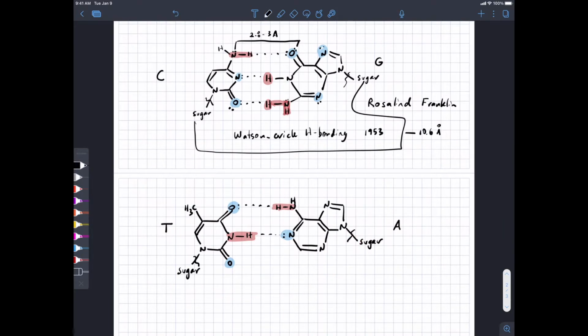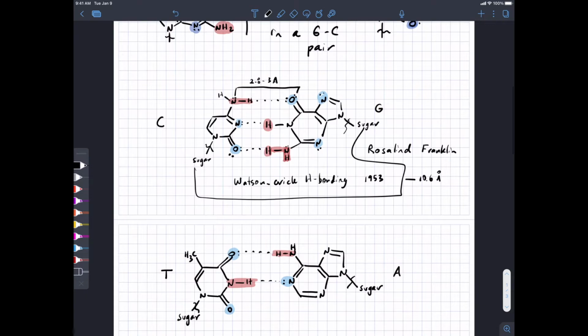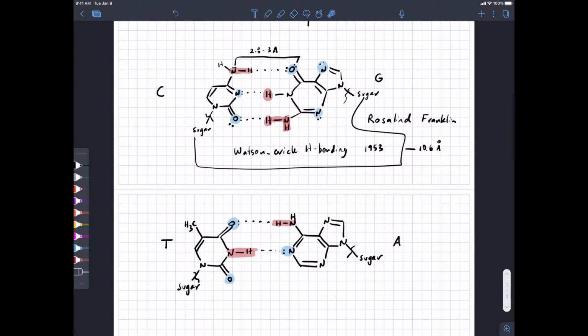Again, I forget which is major versus minor groove again, and you can look this up, and it's not that important, and I won't ask you a question about it, but you can see that one of the faces of this base pair for the AT pair has a ring nitrogen and then a methyl group.